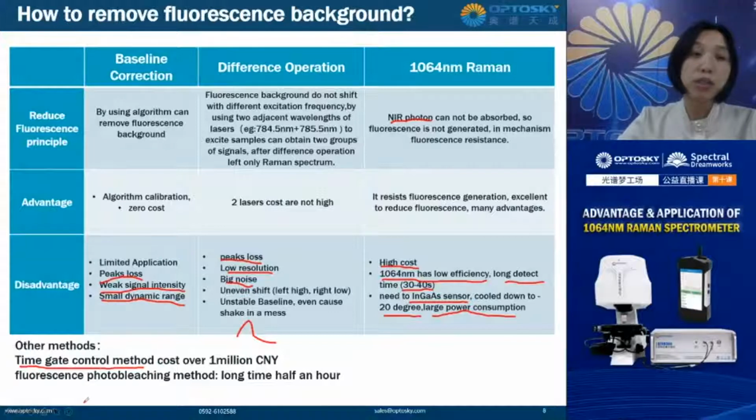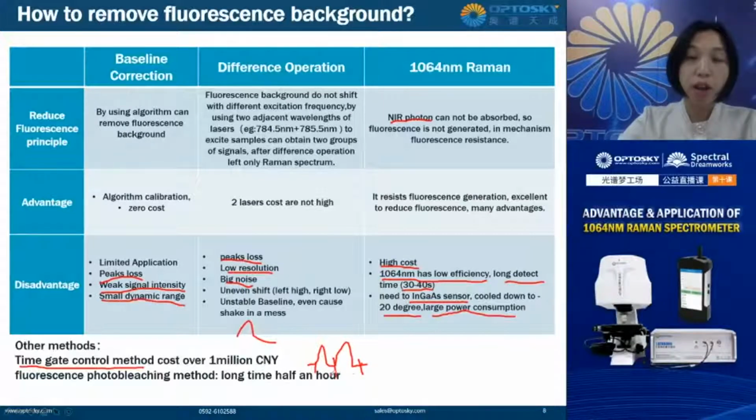And also we have other methods, such as time gain control. Because we all know that if we have samples, the fluorescence signals will appear in nanoseconds, and Raman signals will appear in microseconds. So we have time differences here.